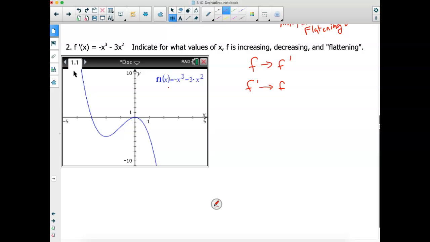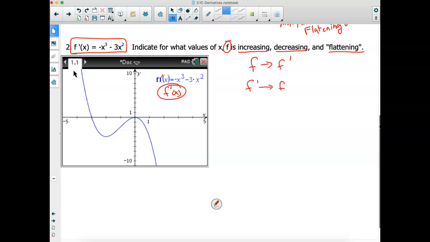We really need to know this is the graph of f prime of x. Knowing this is f prime of x, okay, what do we know about f? If I know this is the derivative, when is f increasing? When is f decreasing? When does f have a flattening? Well, all that comes from my interpretation.